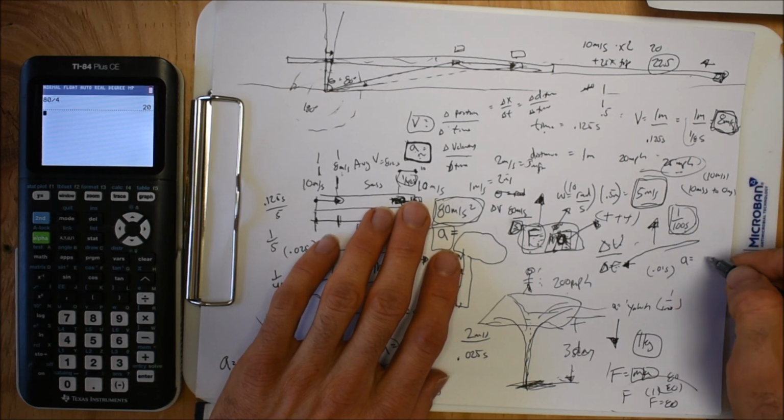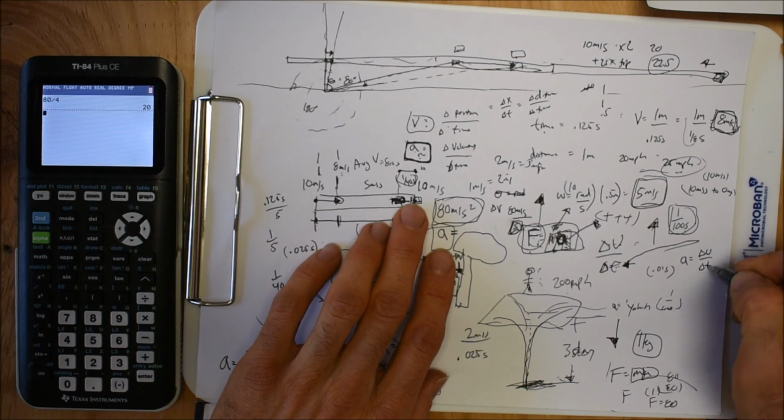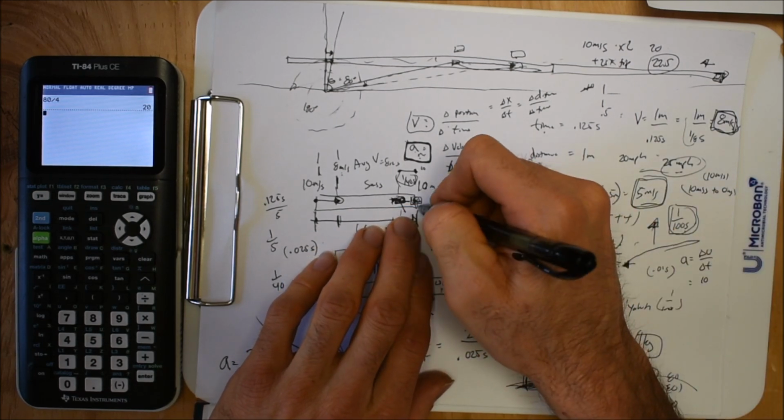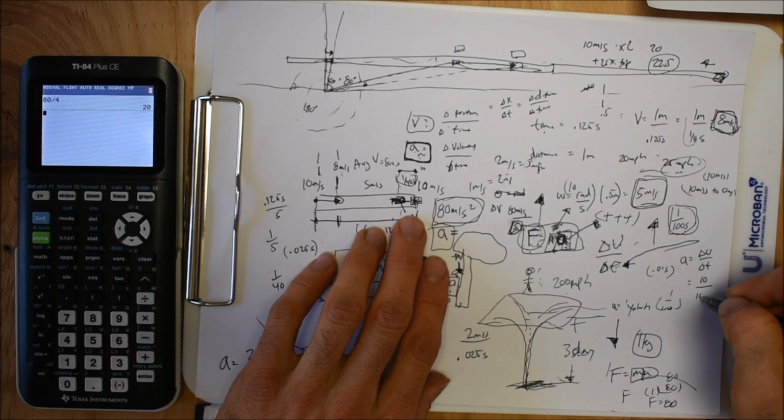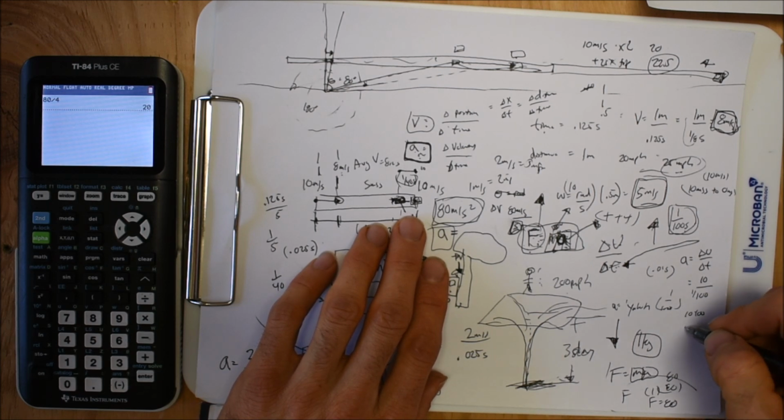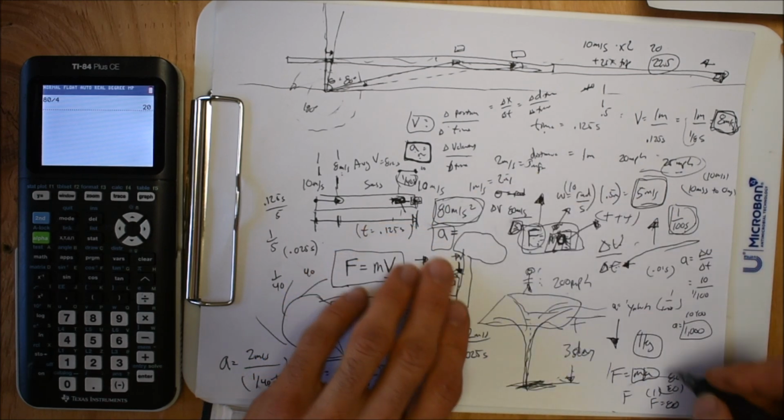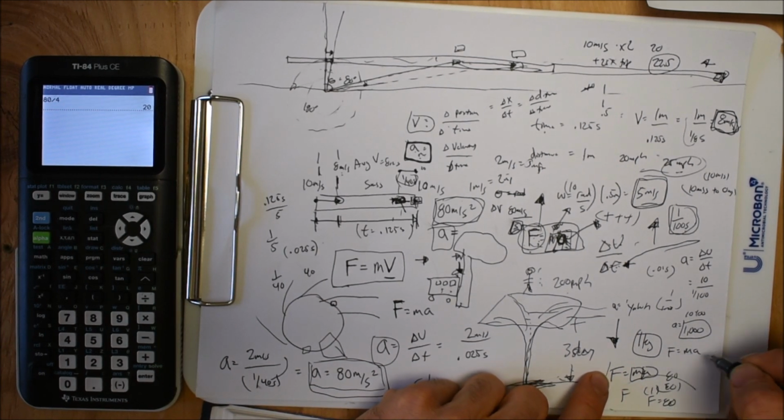Now we know our acceleration is change in velocity over change in t, which is 10 divided by a hundredth of a second, so 10 times 100, which is 1,000. So now we can say F equals ma.